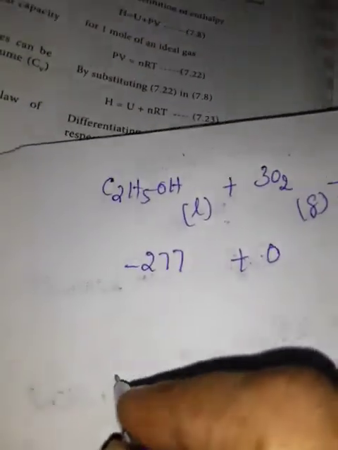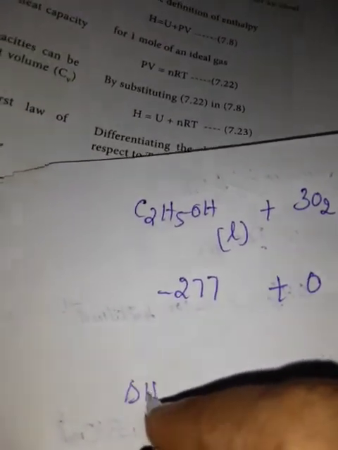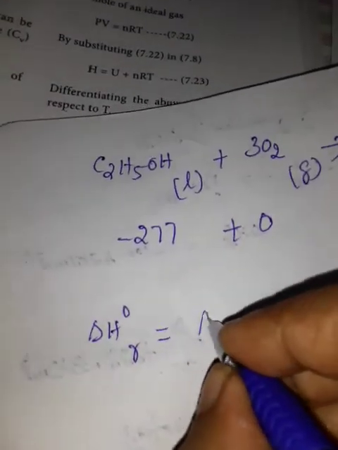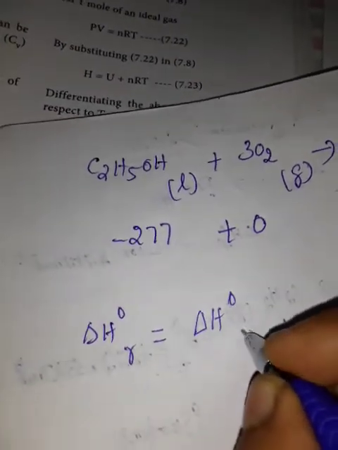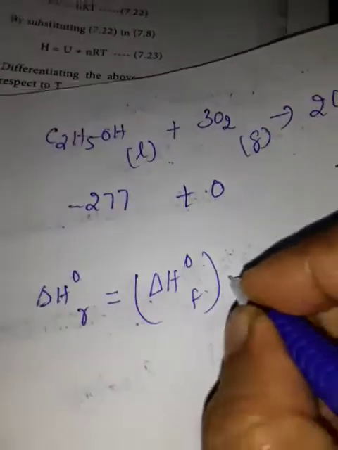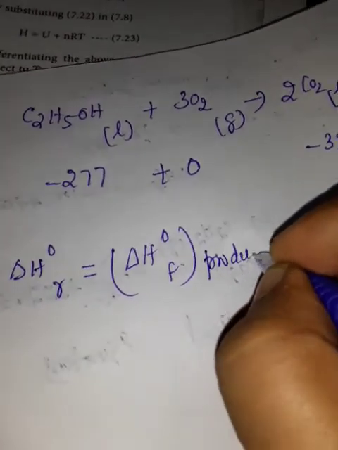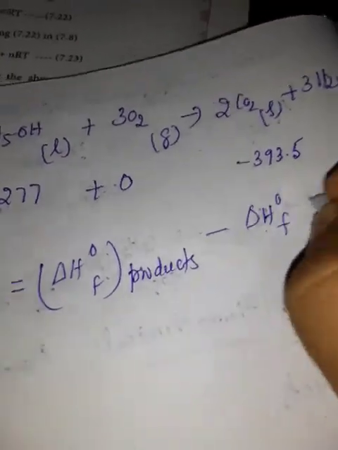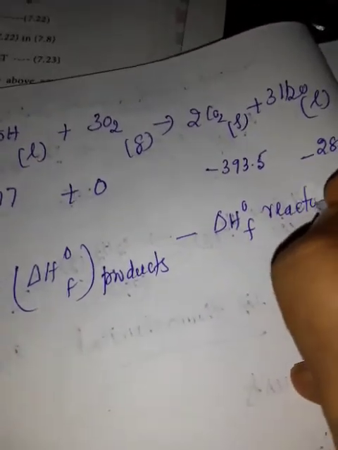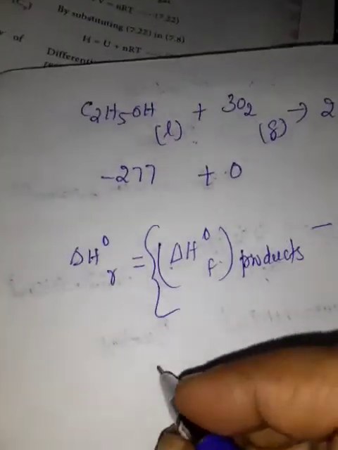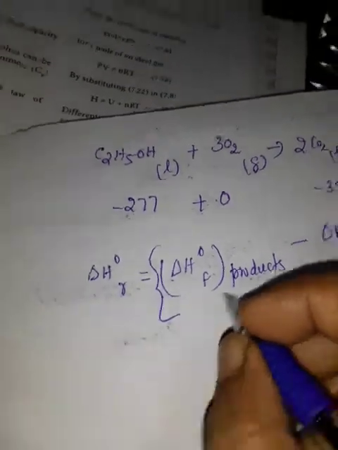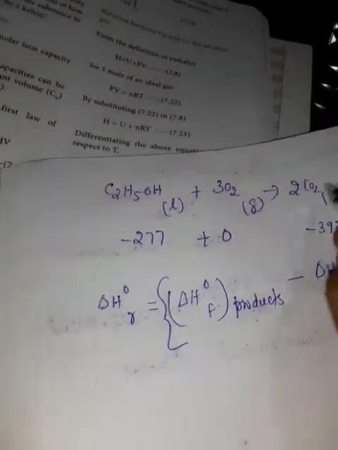Now we are going to apply the formula. Delta H naught R is equal to delta H naught f of products minus delta H naught f of reactants. This is the formula. Now we are going to work it out. Here, this is the product.